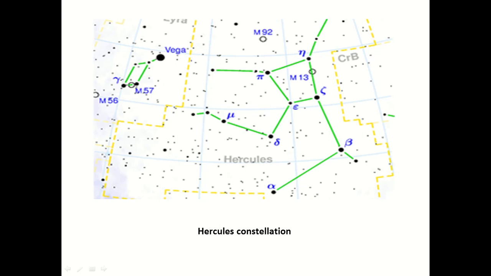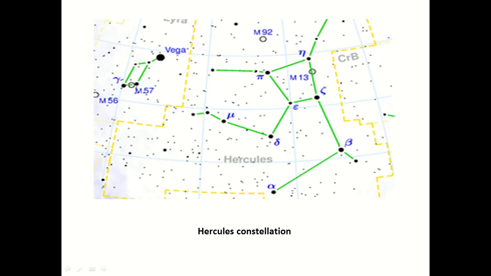So first he will observe the constellation with these brighter stars using a finder scope, and then he will move the telescope by small angular distances to reach the target object.